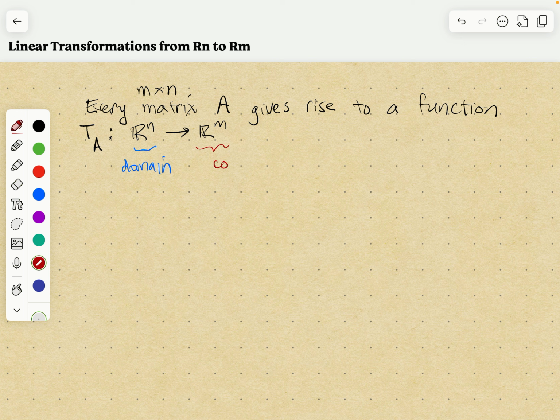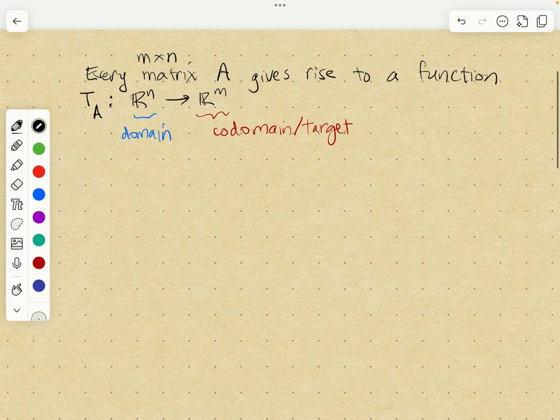So that's called the codomain or the target. Okay? And what is this function? It's defined to be the function that takes x to Ax, A times x.